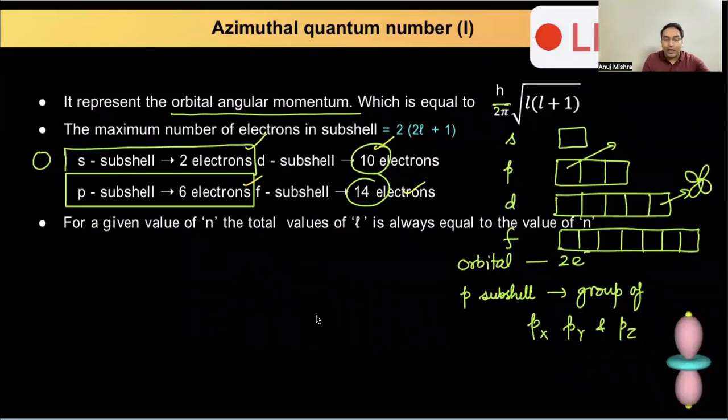Based on those 3 orientations, each carrying 2 electrons, we get 6 electrons put together. For the F subshell, I have shown you 7 possibilities. Based on those, 7 into 2 is 14. For the D subshell, you have 10 electrons because you have 5 possibilities. For the S subshell, you have just 1 S orbital, so just 2 electrons can be kept, right?